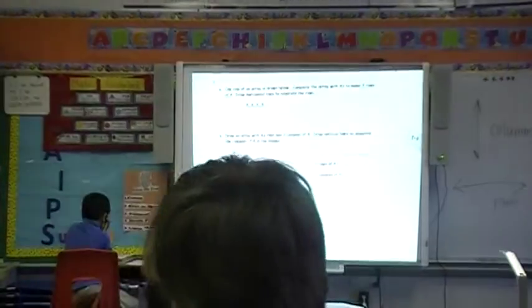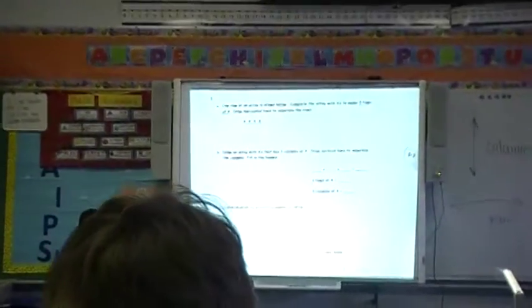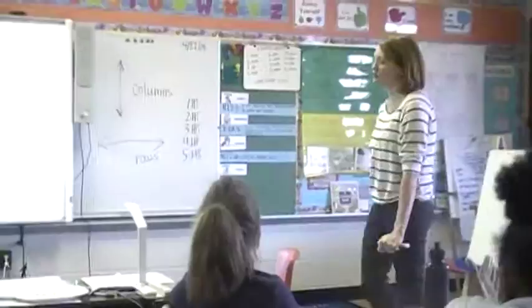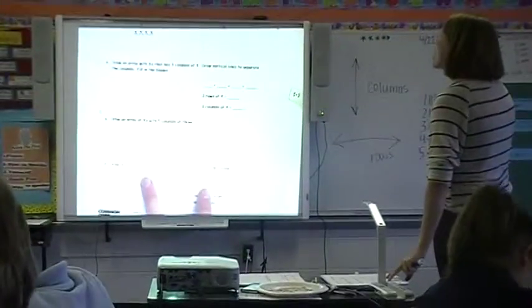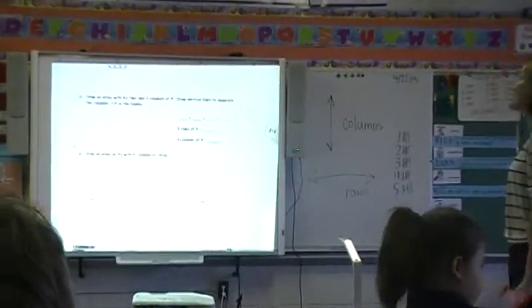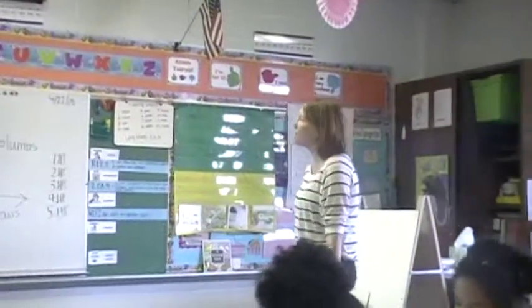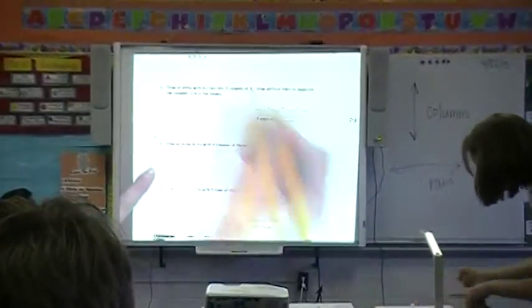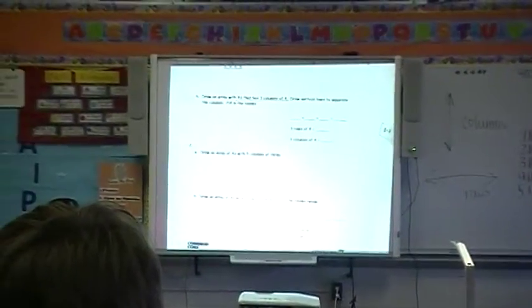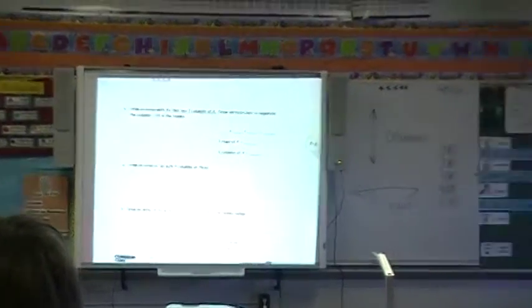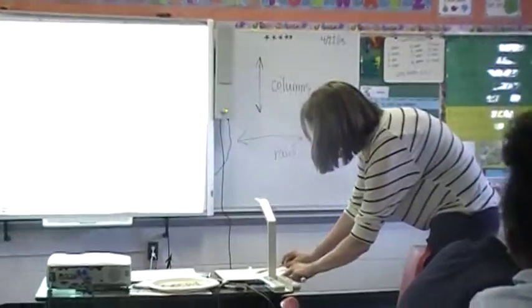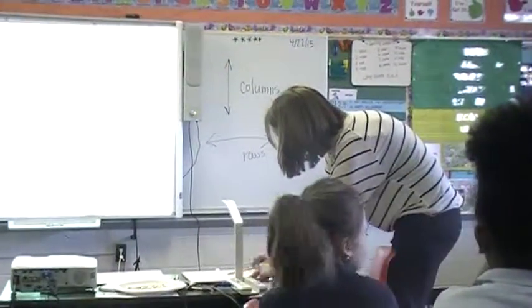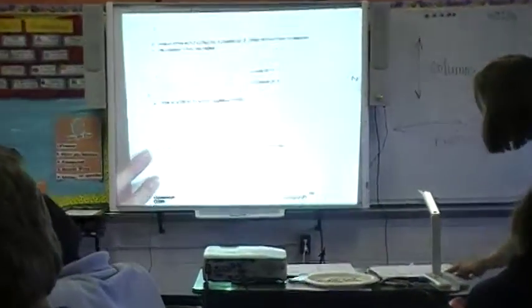Draw horizontal, which is side to side, lines to separate the rows. All right. B says, draw an array with X's that has 3 columns of 4. So you're going to make X's with 3 columns of 4. Draw lines to separate the columns. All right, then you're going to fill in the blanks. We've done this before. 3 rows of 4 equals, 3 columns of 4 equals.